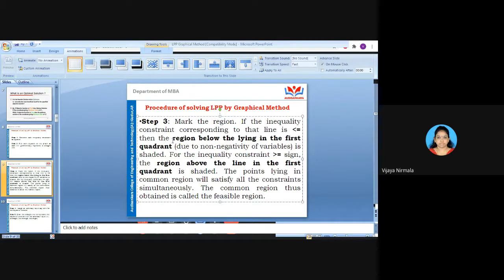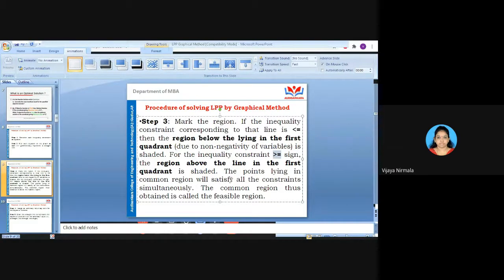In the same way, for an inequality constraint with a greater than or equal to sign, the region above the line in the first quadrant is to be shaded. So you plot the x1, x2 values and draw a straight line, and then shade the feasible region based upon the constraint.